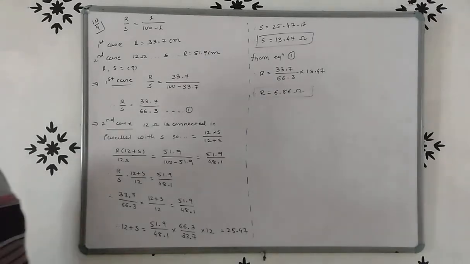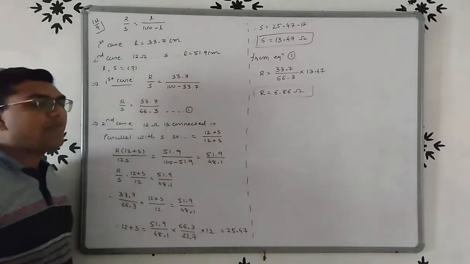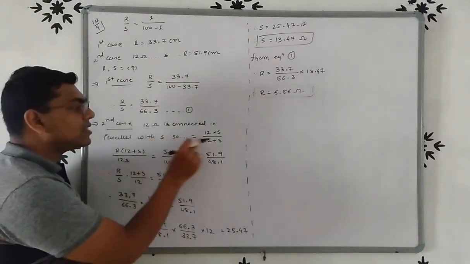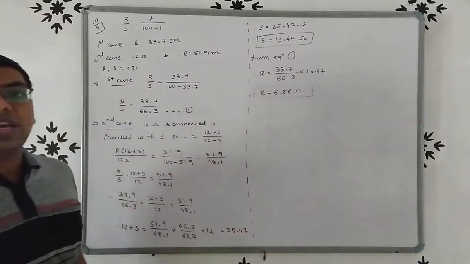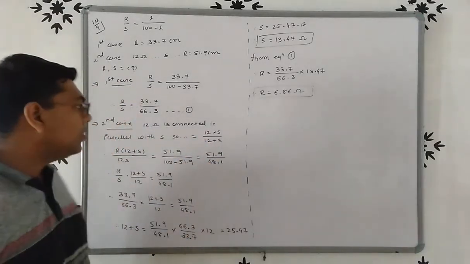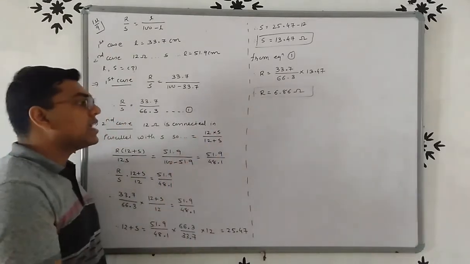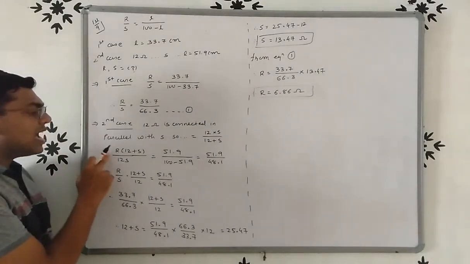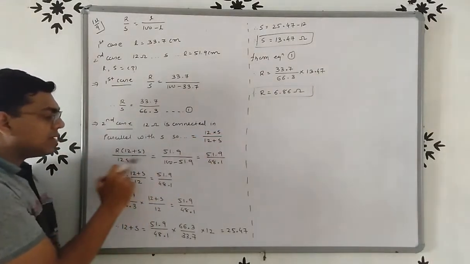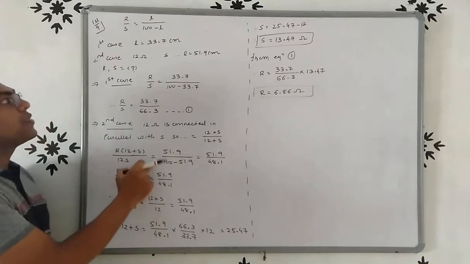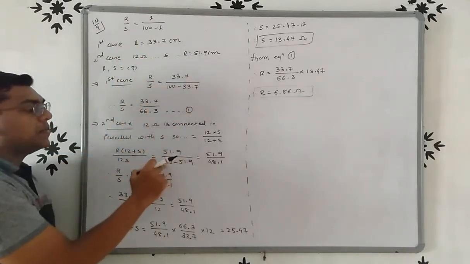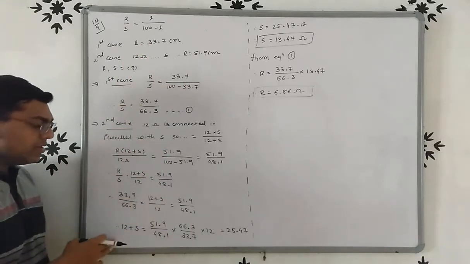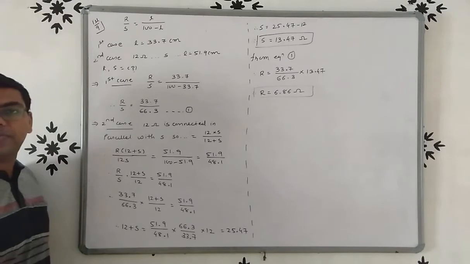Now in the second case, the 12 ohm resistor is connected in parallel with S. So the equivalent resistance will be 12 into S upon 12 plus S. So here we write 12S upon 12 plus S instead of S. So from the formula of meter bridge, R upon 12S upon 12 plus S is equal to L, 51.9, upon 100 minus 51.9. If you solve this, then we get S is equal to 13.47.